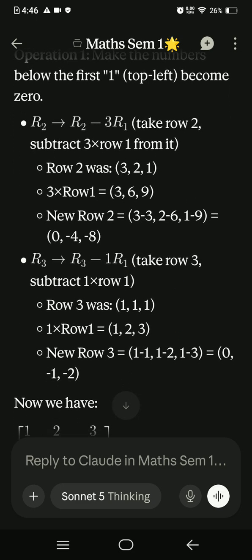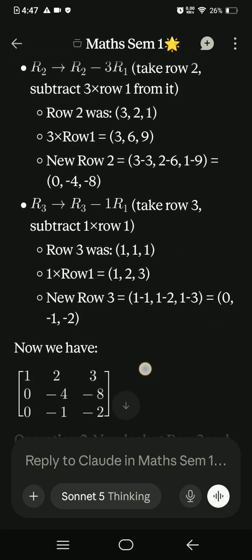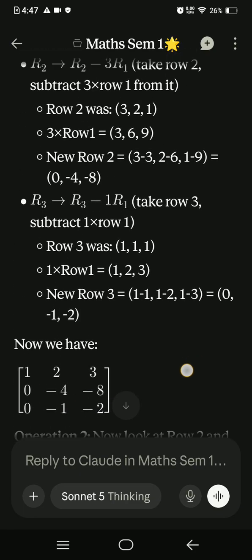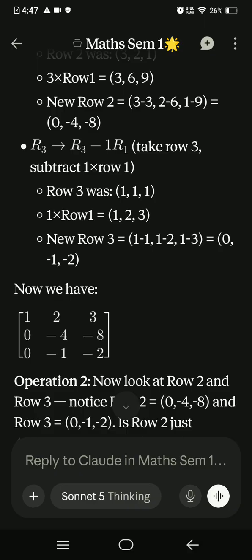If we subtract row 1 from row 3, we will have 0 minus 1 minus 2. Now we have this.